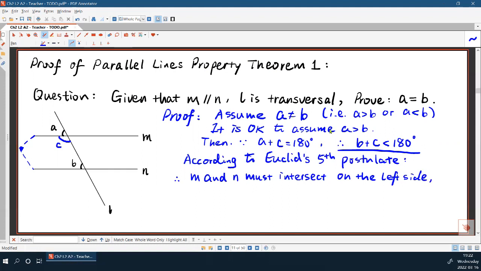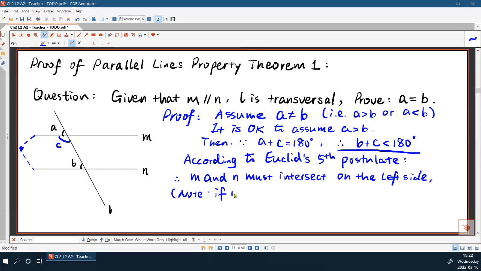Okay, so note here, we have assumed A is greater than B, right? If we assume A is less than B, then following the same logic we can show that these two lines will intersect on the right side, right? So we don't have to write this again. Okay, let's put a note.